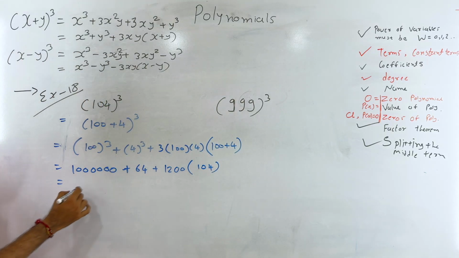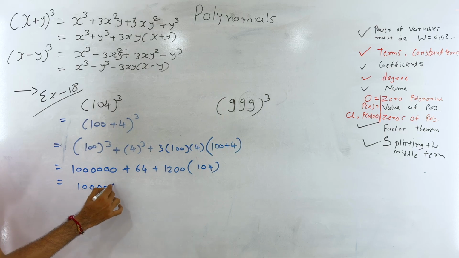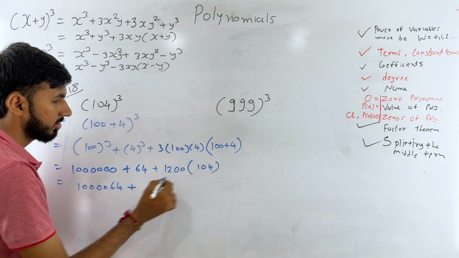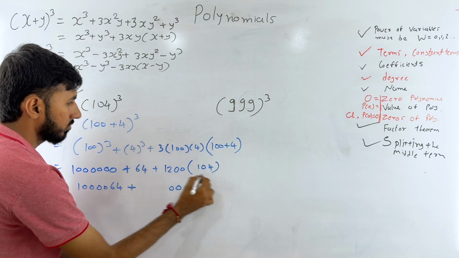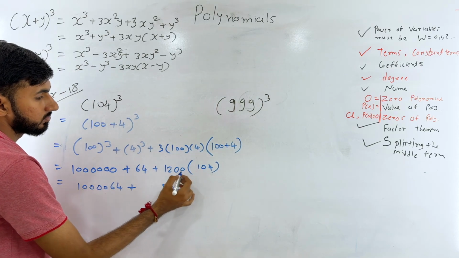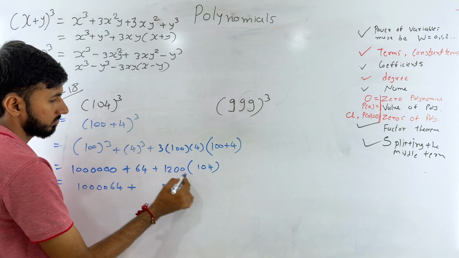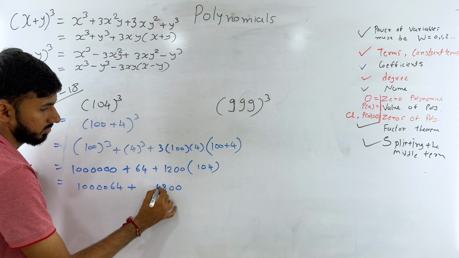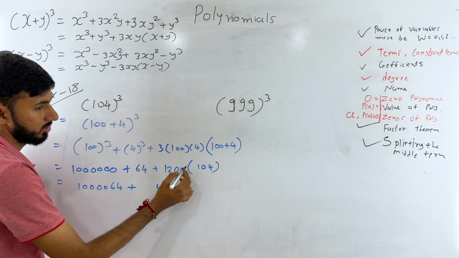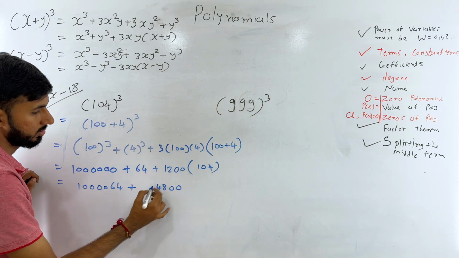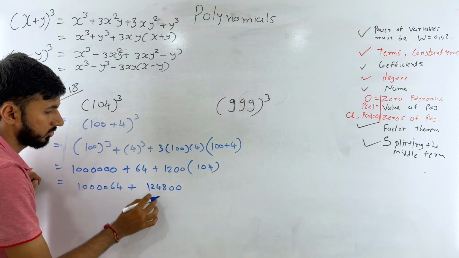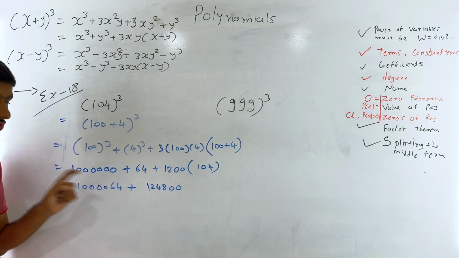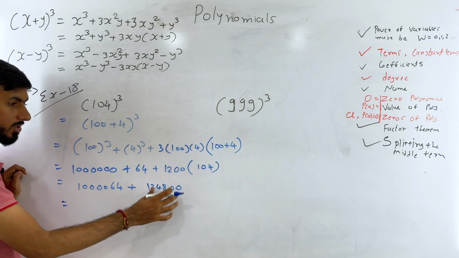Now you can simplify it, just write 1000064 plus multiply these both terms, and I have just added and multiplied these both.